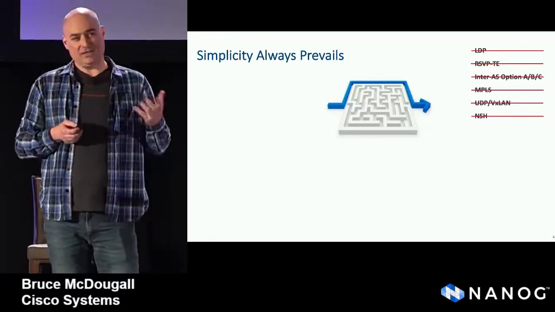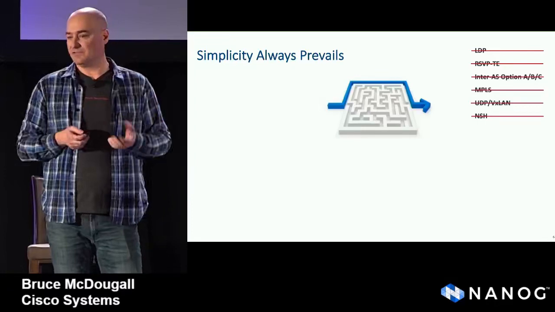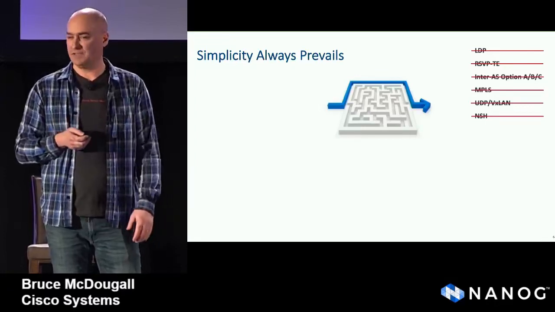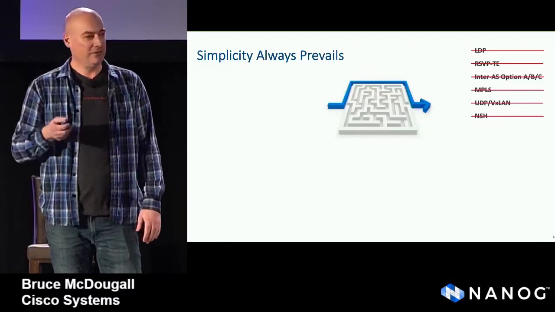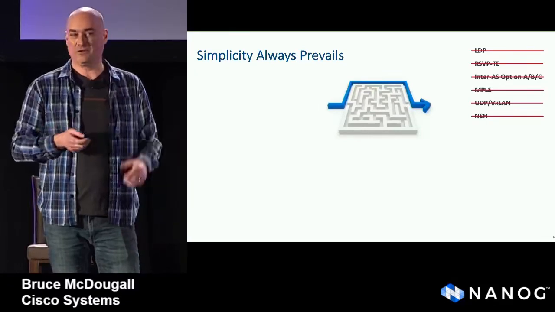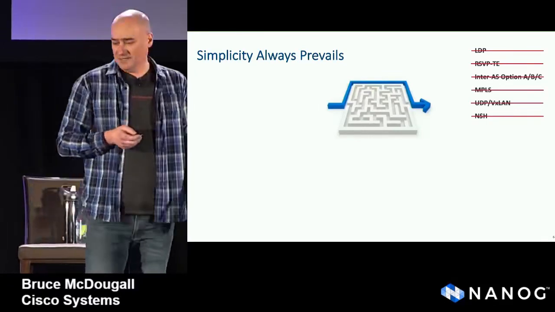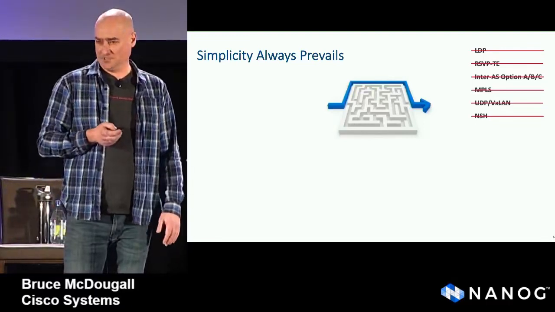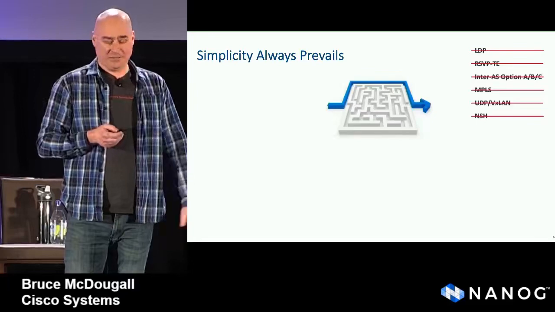SRv6 as an end-to-end IPv6 data plane offers the ability to move away from all of the encapsulation stitching that occurs when IPv4 or IP fabrics bump into MPLS fabrics. It allows for the removal of inter-AS option A, B, and C kind of stitching, even the MPLS data plane.